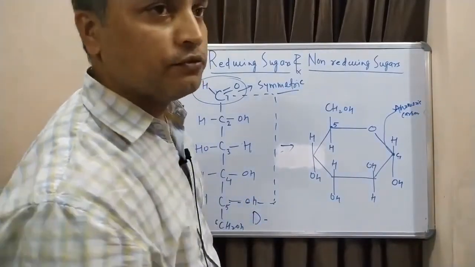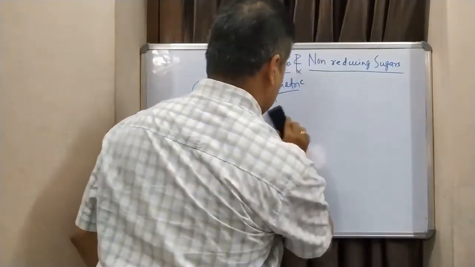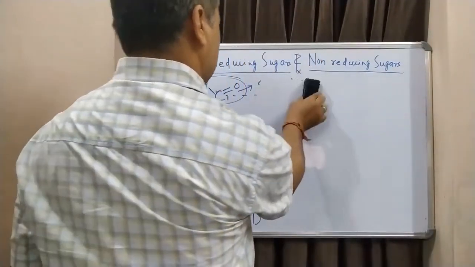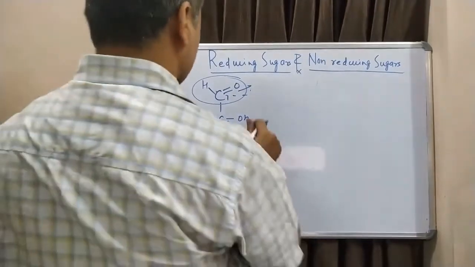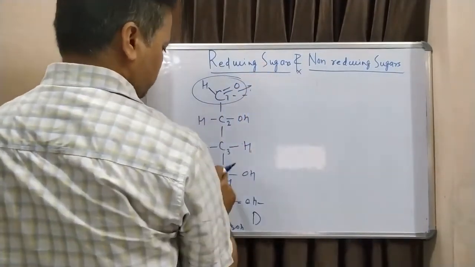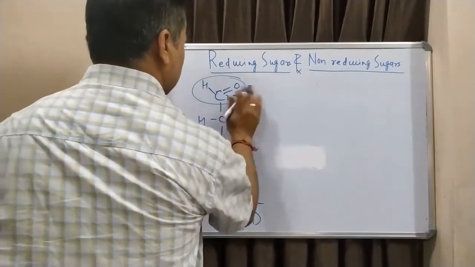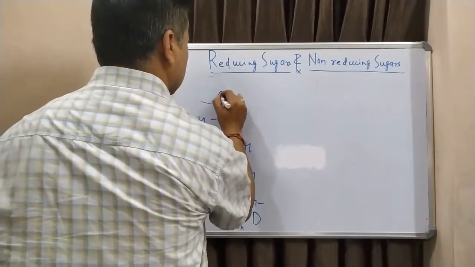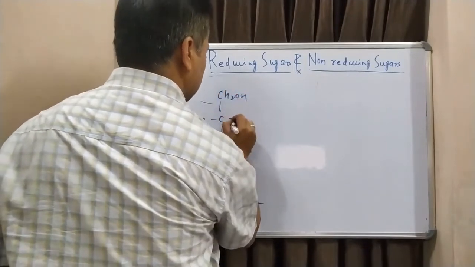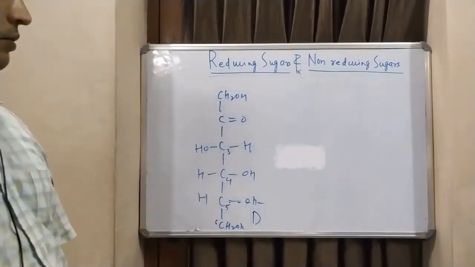If we see the case of fructose, everything will be the same: 1, 2, 3, 4. This is fructose.